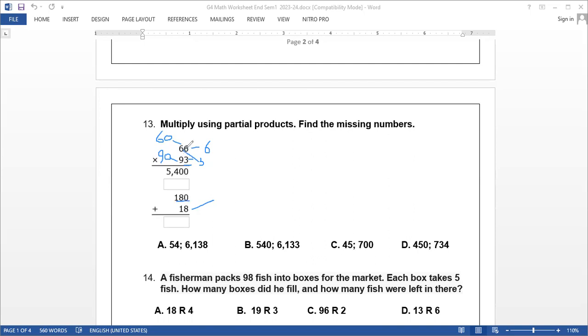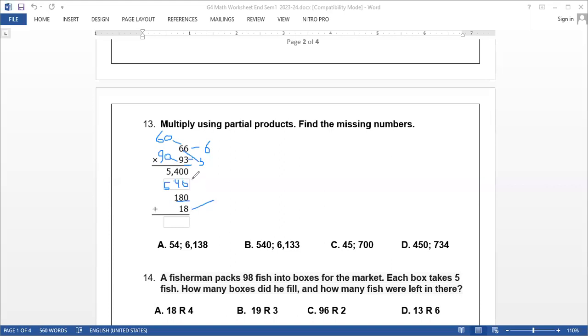Now 90 multiply 6 is 540. And 90 multiply 60, 5,400.